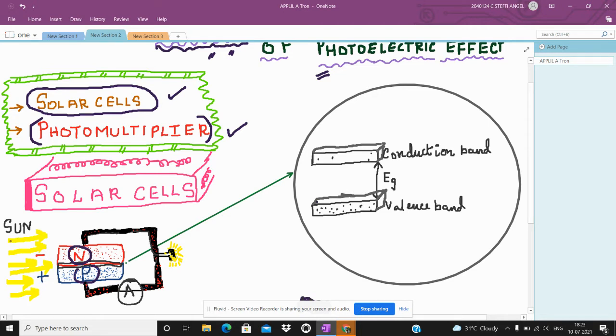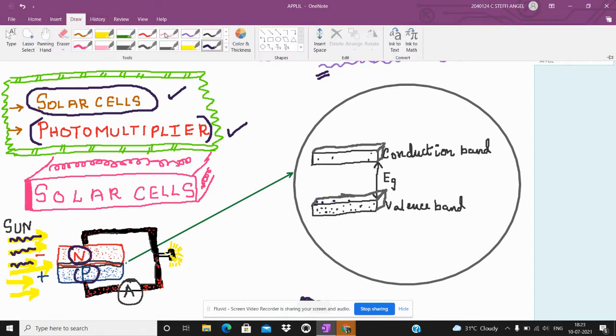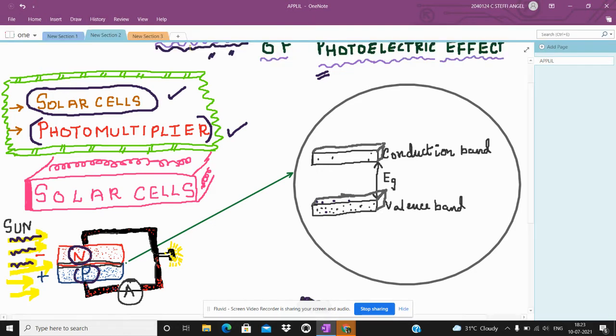When sunlight is incident and strikes, we see that electrons and holes are created. We know that electrons can be filled up to the valence band in the atom.